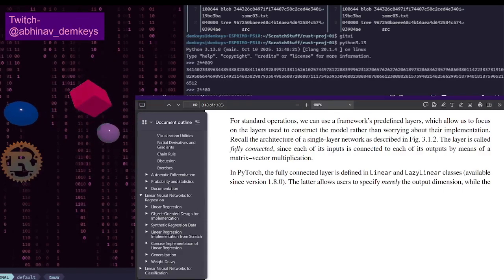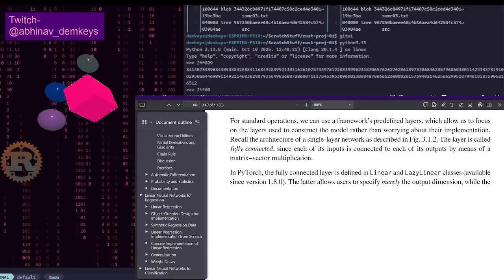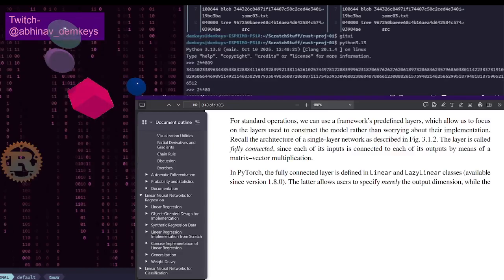Sorry, zoned out. For standard operations, we can use a framework's predefined layers, which allow us to focus on the layers used to construct the model rather than worrying about their implementations. Recall the architecture of a single layer network, as described in the figure.